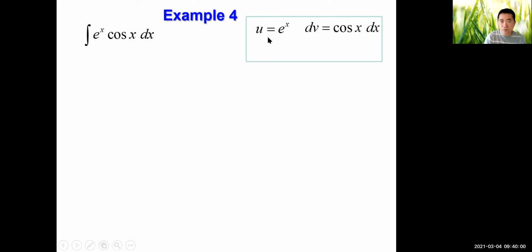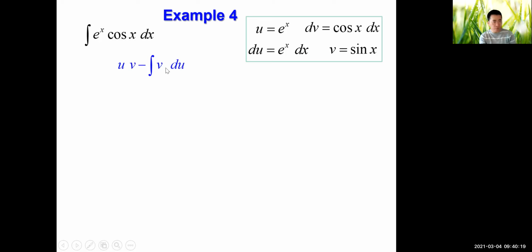For u, you take a derivative: du is e to the x dx. For dv, we find the antiderivative to look for v, and v is sine, because the derivative of sine is cosine. Once you have that, plug into the formula: uv minus integral of v du.